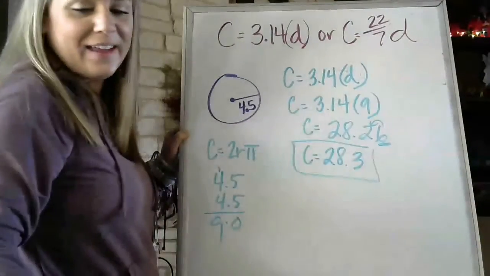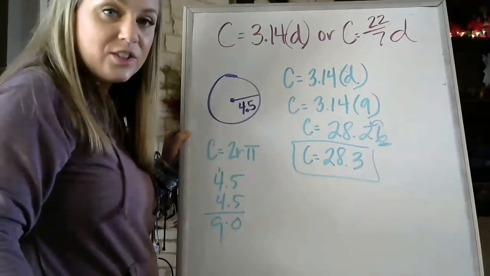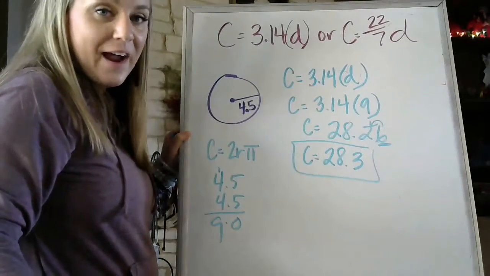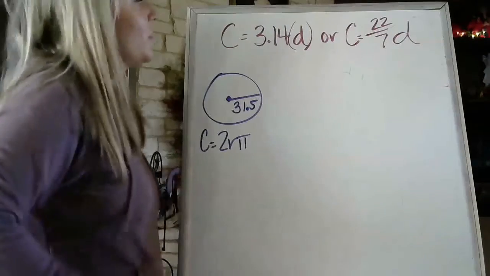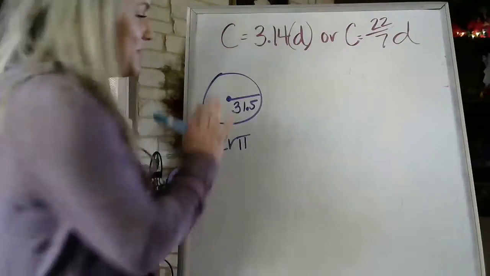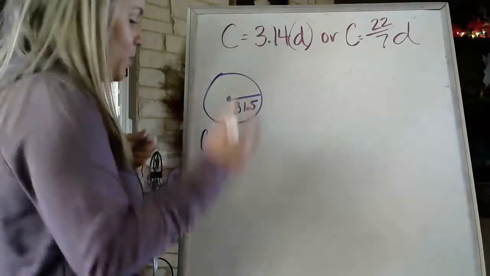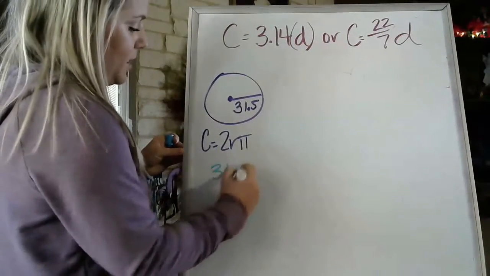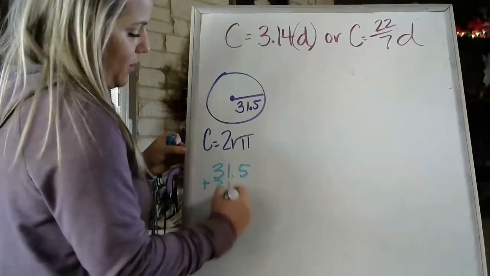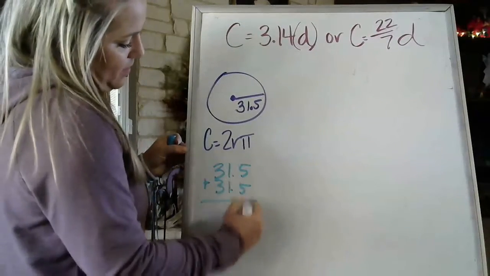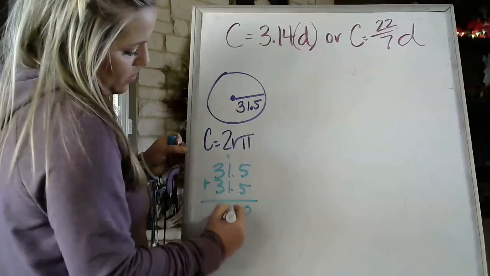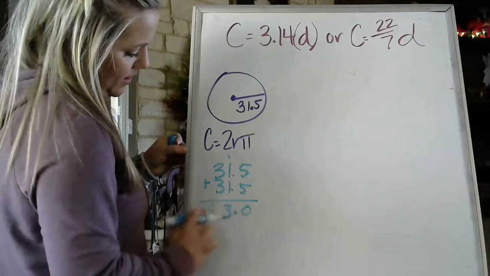Okay? If you have any questions, please raise your hand. All right, guys, so next up our radius is 31 and a half, 31.5. So I'm going to come over here and figure out what my diameter is going to be. 63.